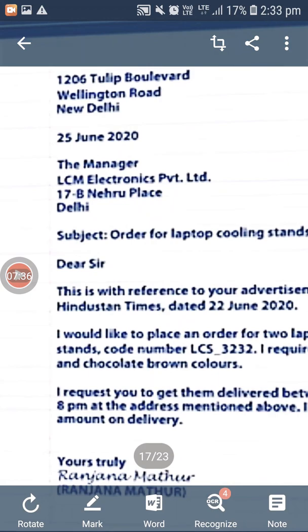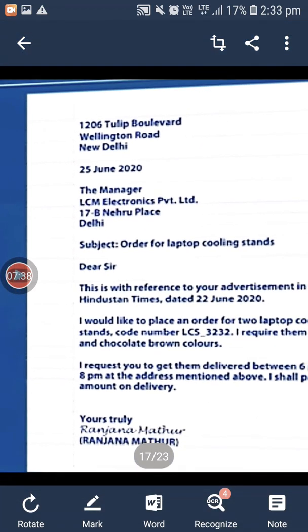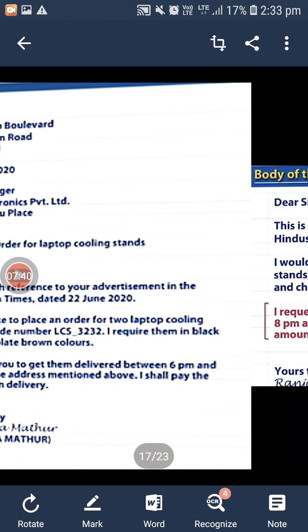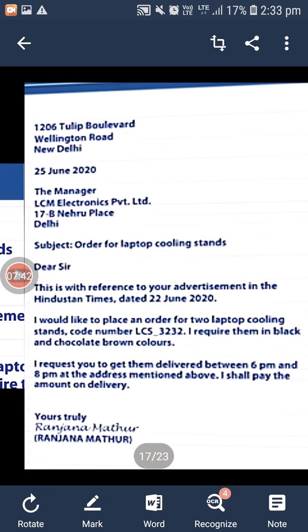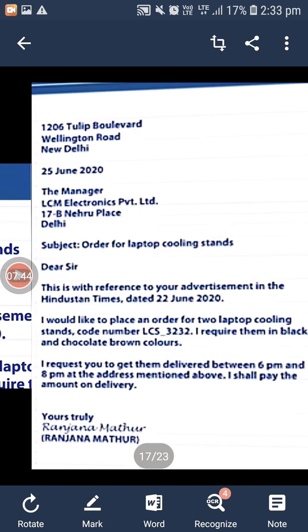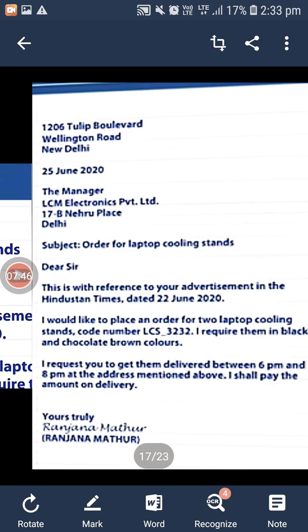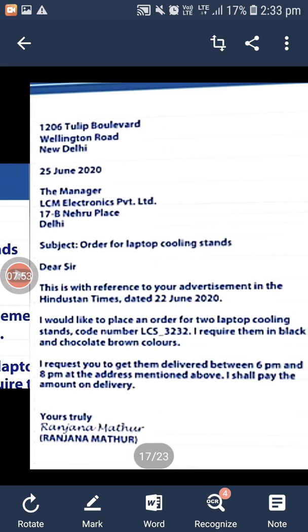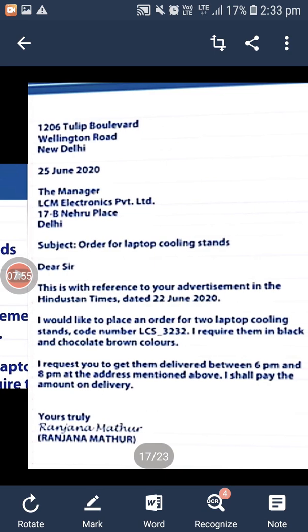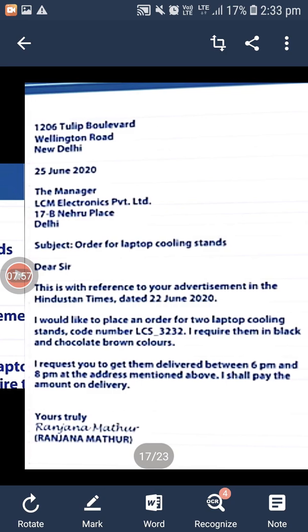Now see this particular sample. This is with reference to the advertisement in the Hindustan Times dated 22 June 2020. I would like to place an order for the 2 laptop cooling stands, code number. So we are mentioning the code here. I require them in black and chocolate brown colors.